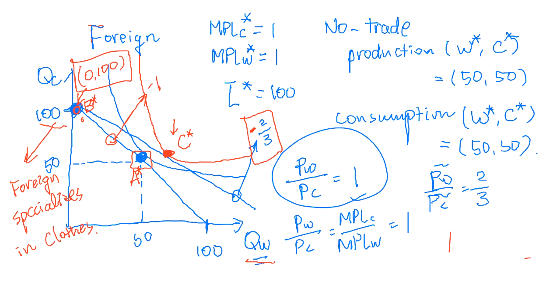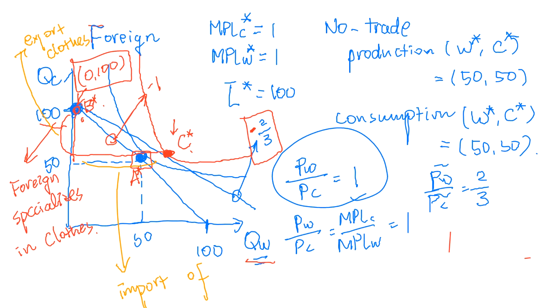You have production here, you have the consumption here, right? So the foreign country will export clothes in exchange for the import of wheat.